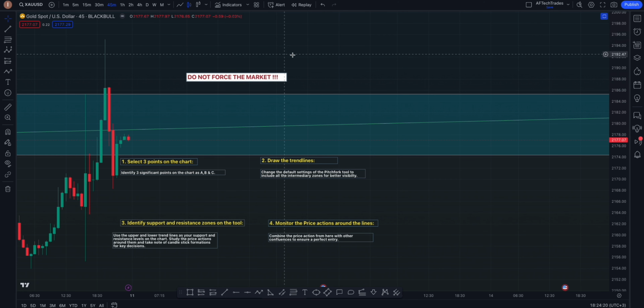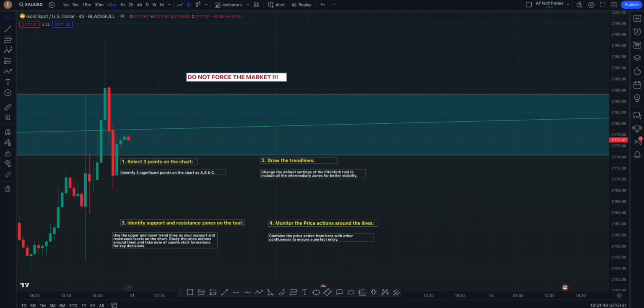Immediately you enter a market, the spread, if you have not observed this before, especially new traders that will be watching this video: immediately you click sell or buy at the market price, you see that the value goes into negative. That negative it goes into is called the spread. So you need to take note of what will be the impact of the spread in my trade.